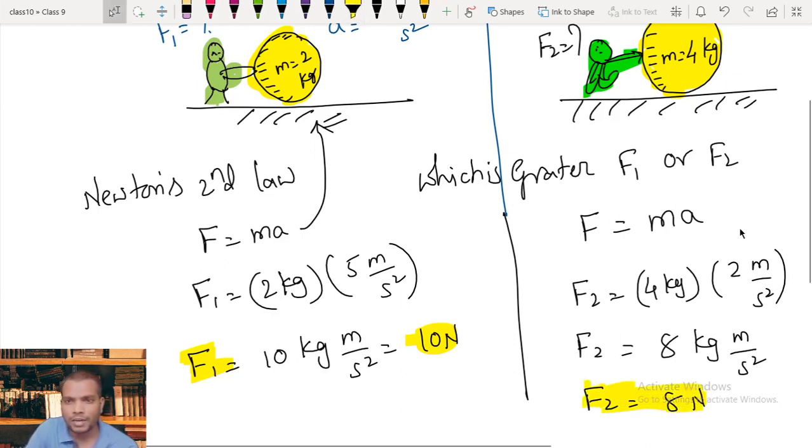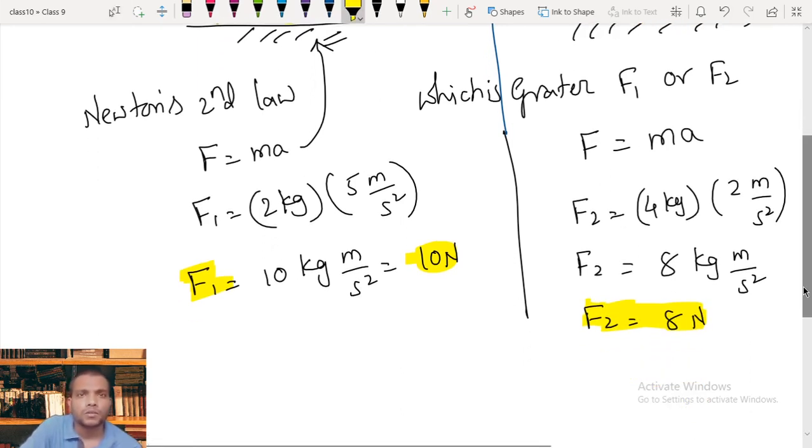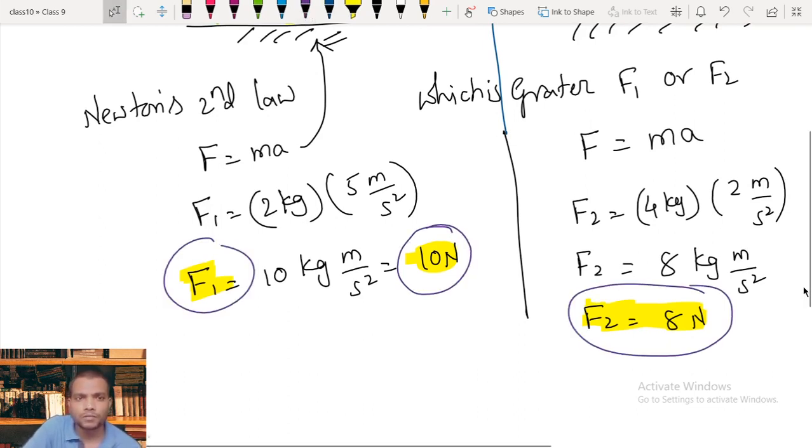Now which is greater, F1 or F2? We can write that F1 equals 10 Newton and F2 equals 8 Newton. Therefore F1 is greater than F2.